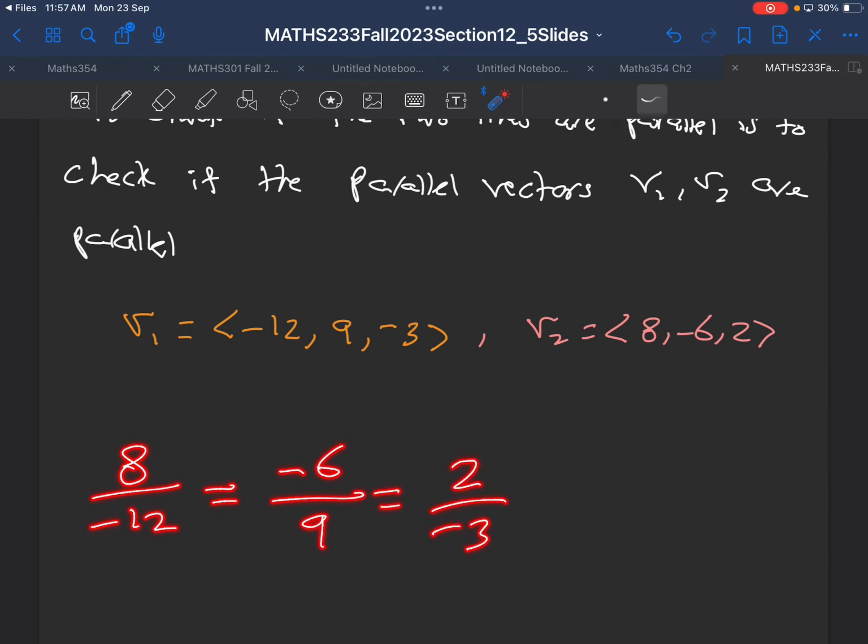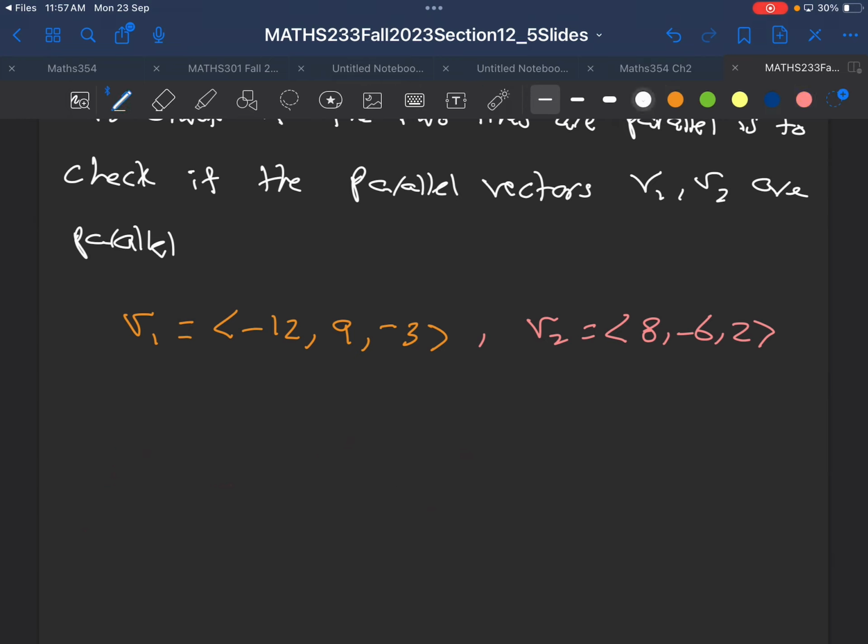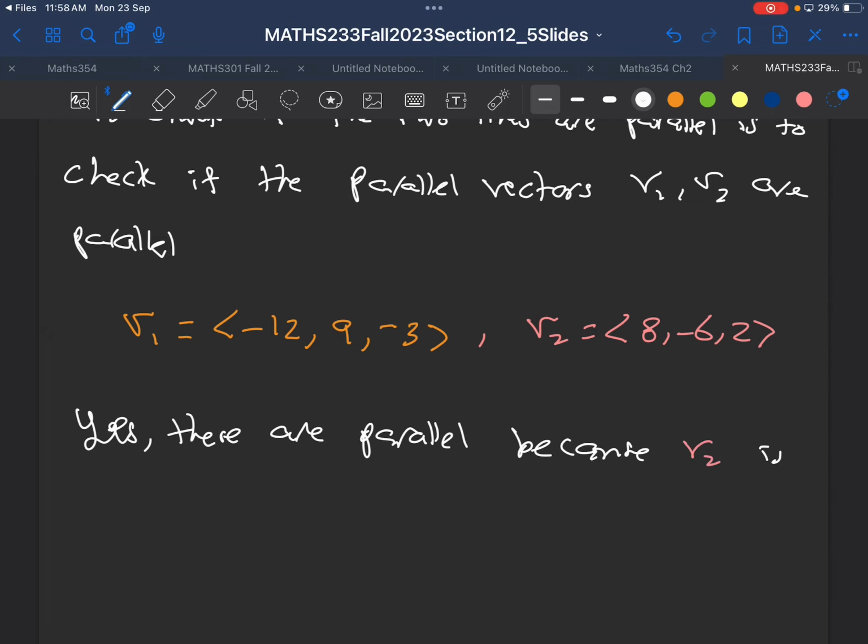It would be equal to this one. So the answer here, yes, these are parallel, because V2 is a scalar multiple of V1.